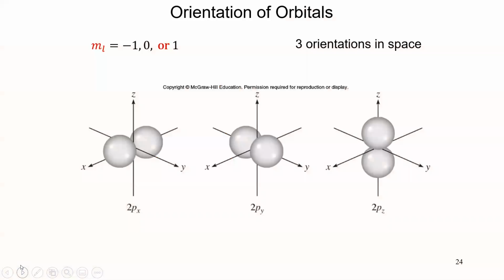So I told you we'd talk a little more about those p orbitals, but we determine the orientation in space based on the value of m sub l. We talked about how l is the angular momentum quantum number, and m sub l we called the magnetic quantum number. It tells us the direction of that magnetic field based on those electrons whizzing around.